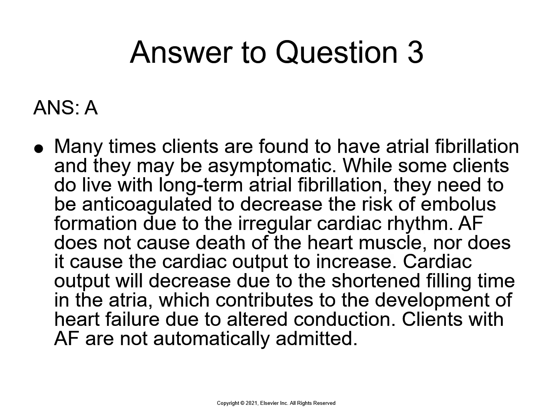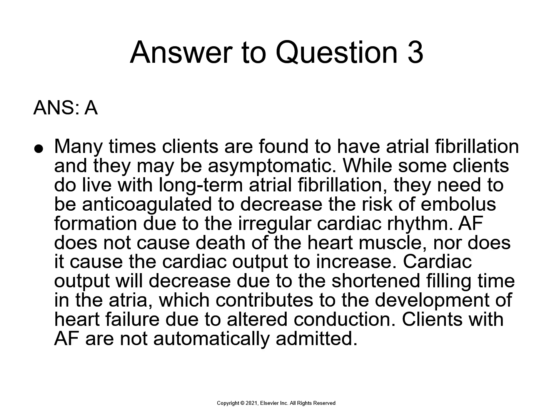I hope you said A, because people can have atrial fib and they may feel okay. They may be asymptomatic. And some people do have to live with long-term atrial fib. They need to be anticoagulated because of the increase in the risk of embolus formation. So they have to be put on anticoagulants to decrease that risk of embolus due to the irregular cardiac rhythm.